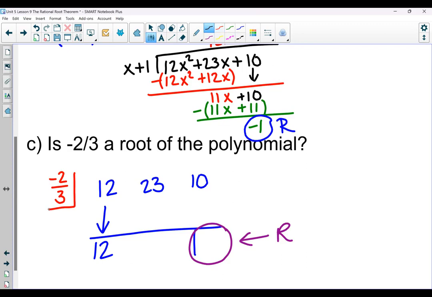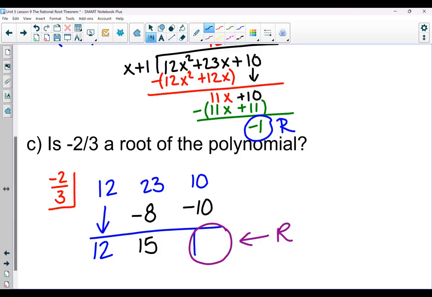We're going to perform our synthetic division. We multiply. -2/3 times 12 is -24/3, which is -8. And then we add straight up and down. 23 plus -8 is 15. Then we multiply. -2/3 times 15 is -30/3, which is -10.